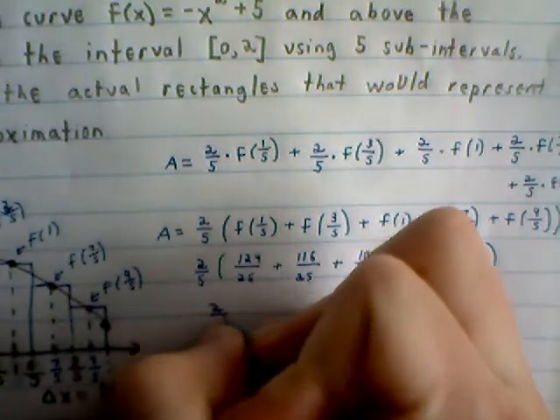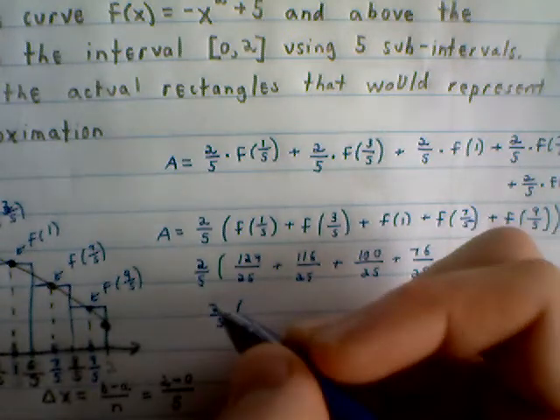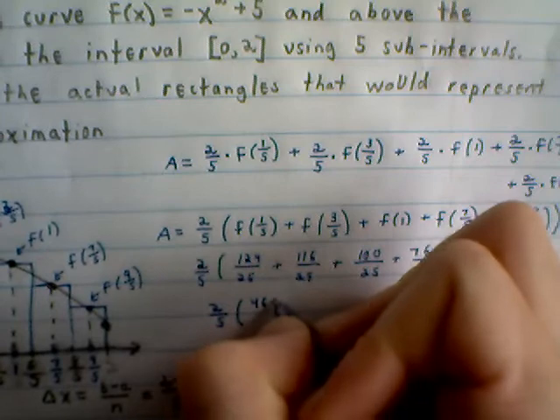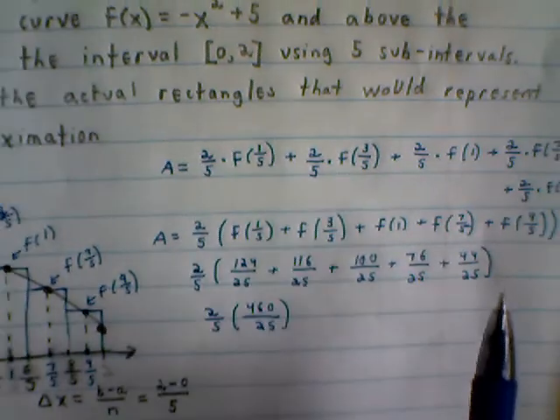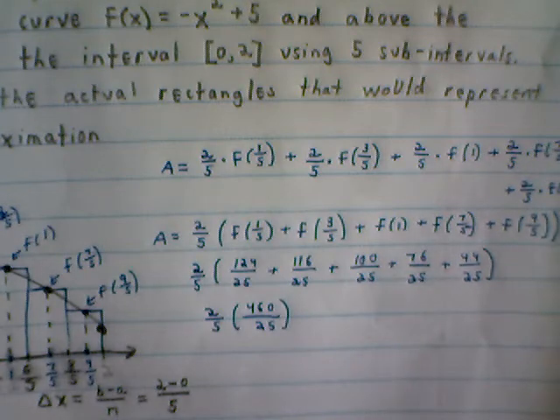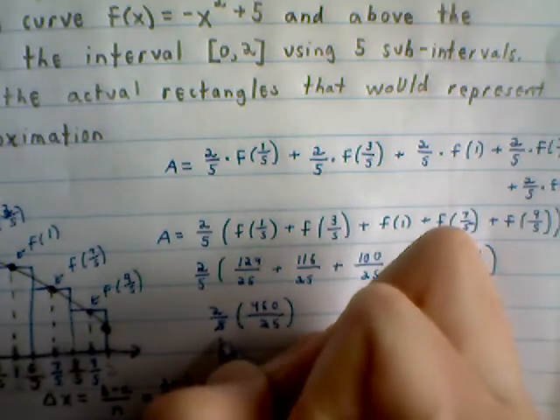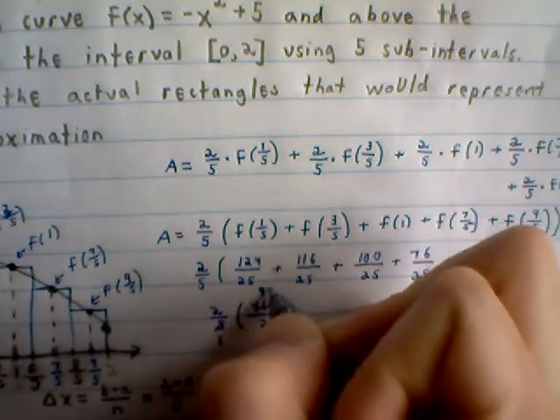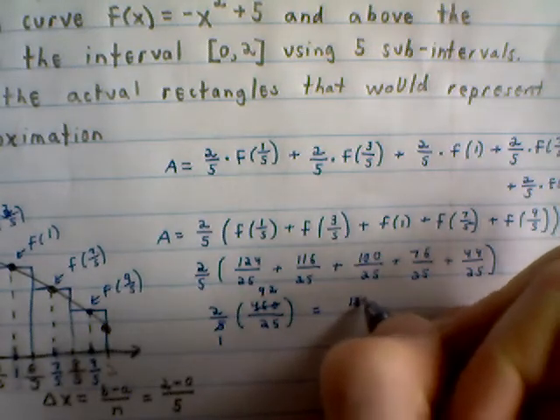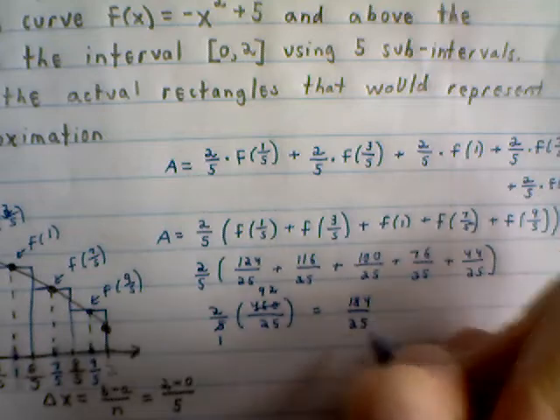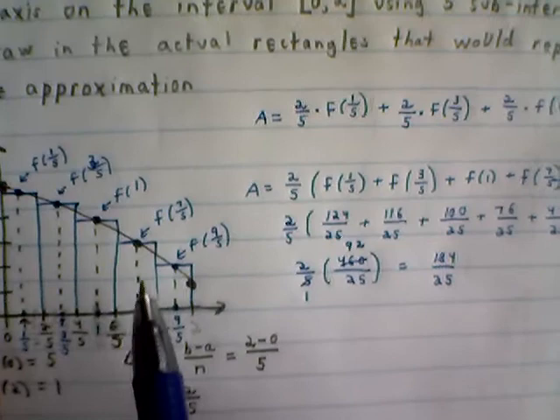I'm going to have 2/5 times 460 over 25. Then I can do some cross canceling. Divide by 5, get 1, divide by 5, I'll have 92, multiply straight across, and I get 184 over 25. All right, this is my area approximation using the midpoint rule.